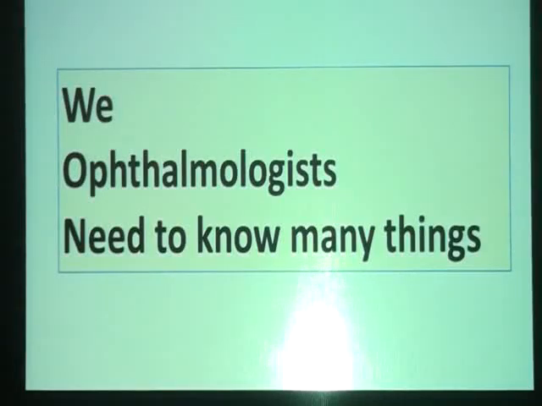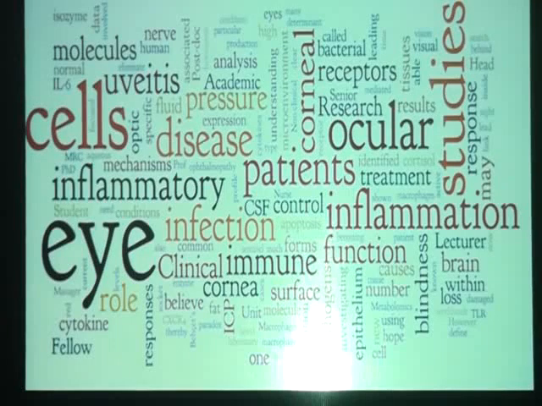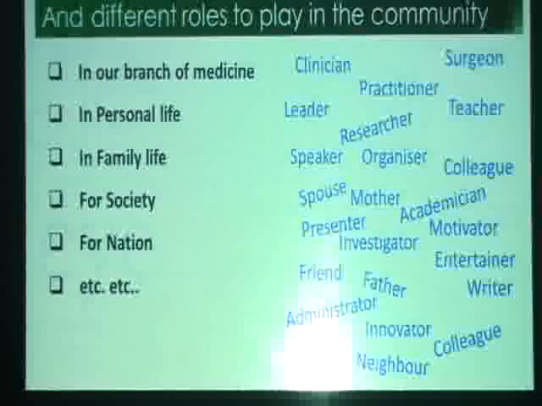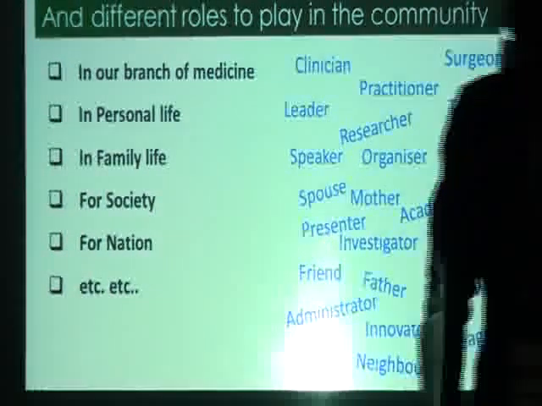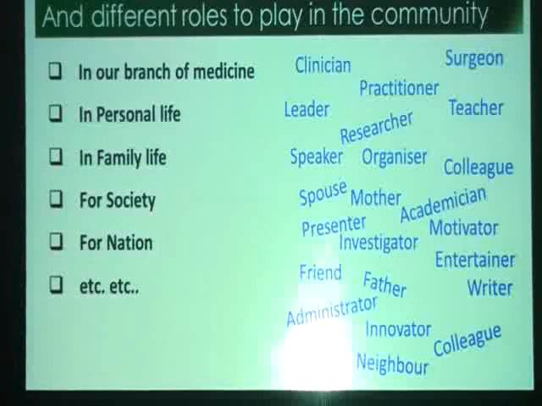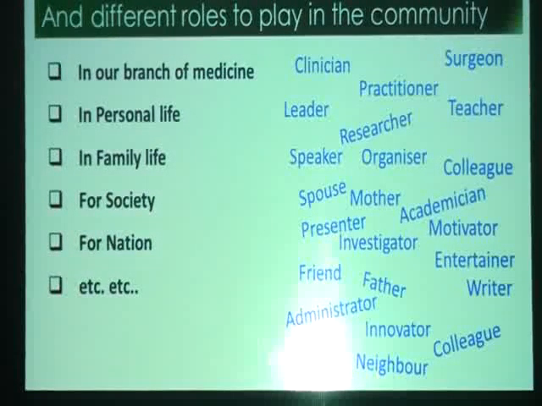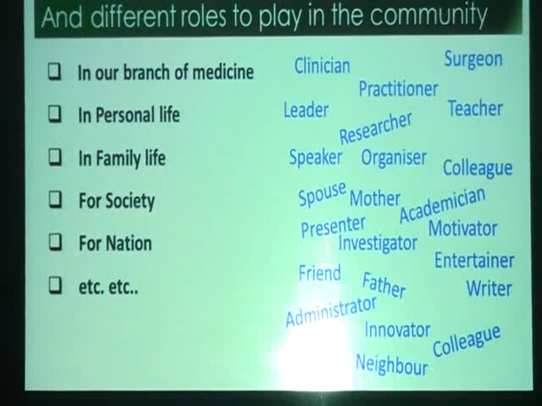We ophthalmologists need to know so many things in our mind. And we have different roles to play in the community: in our branch of medicine, in our personal life, in family life, for the society, for the nation, etc. One side you might be a very good academician, another side you may be a very bad husband.